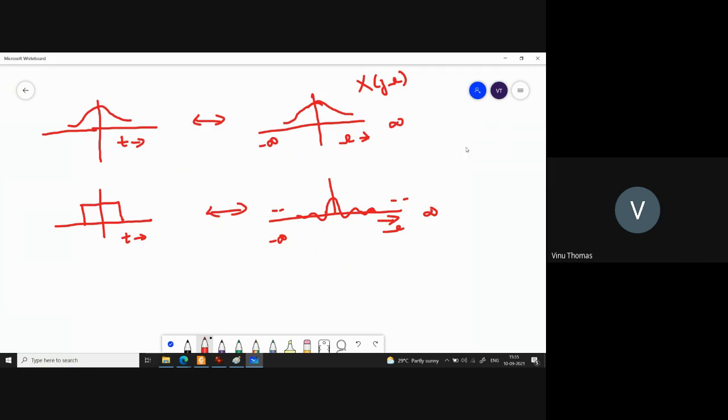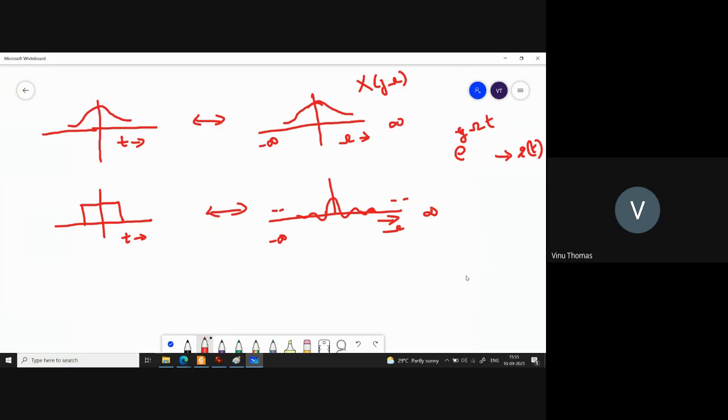The justification for the negative frequency is because you are using e raised to j omega t to analyze your signal x of t. So in essence, you are representing x of t in terms of e raised to j omega t, where omega takes values from minus infinity to plus infinity.